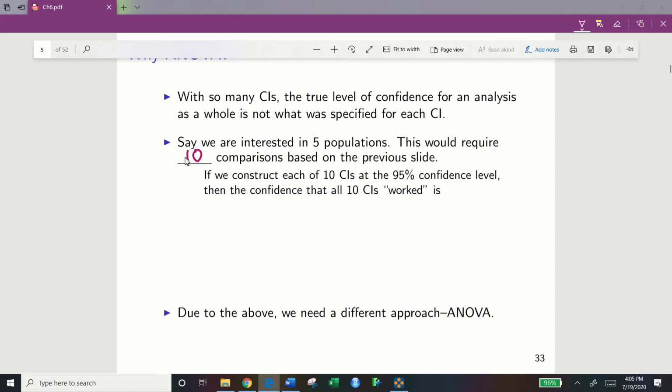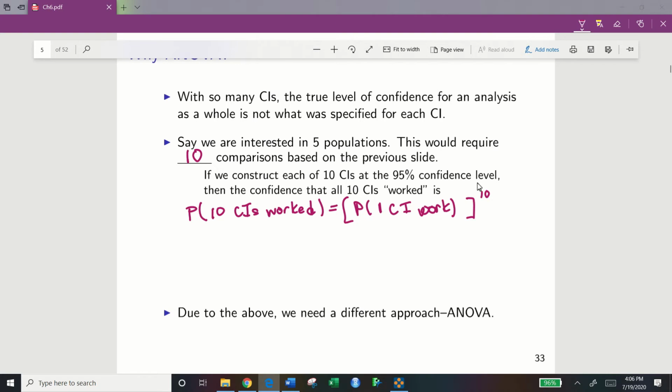If we wanted to construct each of our 10 confidence intervals at the 95% confidence level, we need all those confidence intervals to work. The probability of 10 confidence intervals working is equivalent to the probability of one confidence interval working to the 10th power.